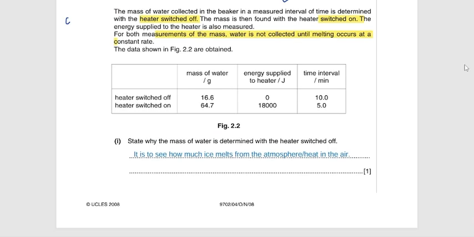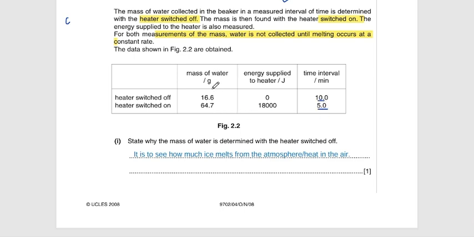I want to know what was the mass of water collected when the heater was on. How do I do that? That can only be done if I subtract these two, right? When the heater is switched on, I subtract these so I can see how much the heater gave me. However, there is an issue. We measured this for 10 minutes and we measured this for 5 minutes.